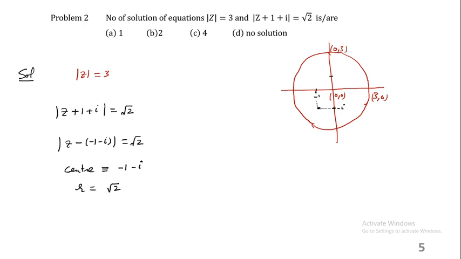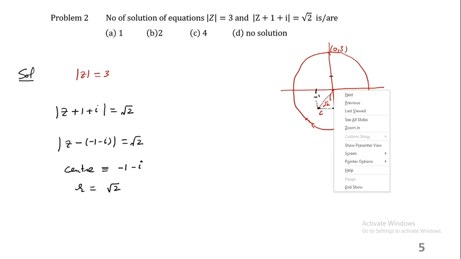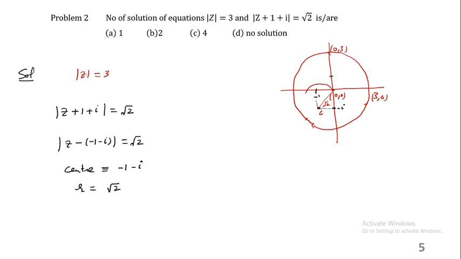Right? And the distance of the center of the other circle from the origin, this distance is √2. And the total distance from this point to this point is 3. Another circle has a radius √2. So it is passing through the origin. The circle will pass through the origin and it will be something like that.